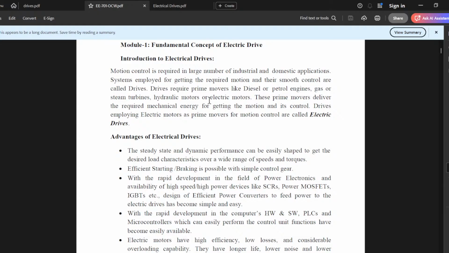BLDC stands for brushless direct current fans. So in modern times, we are switching from AC to DC fans. There is a type of circuit in there that changes the AC current to DC current, which has its own benefits.